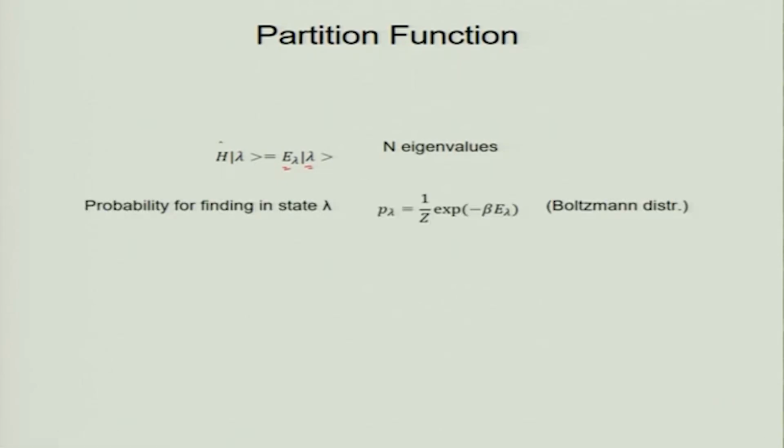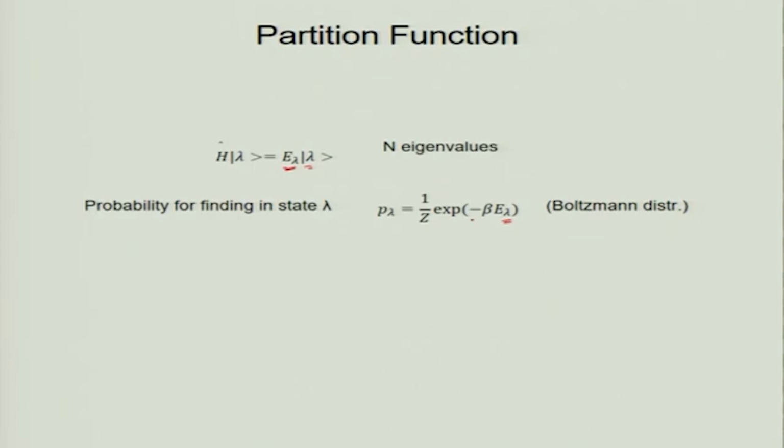Given the eigenvalues, we can compute the probability. This is a Boltzmann distribution, the canonical distribution. Given energy E lambda, for this system, which could be an atom, we can compute the probability of the atom to be in energy eigenstate lambda.